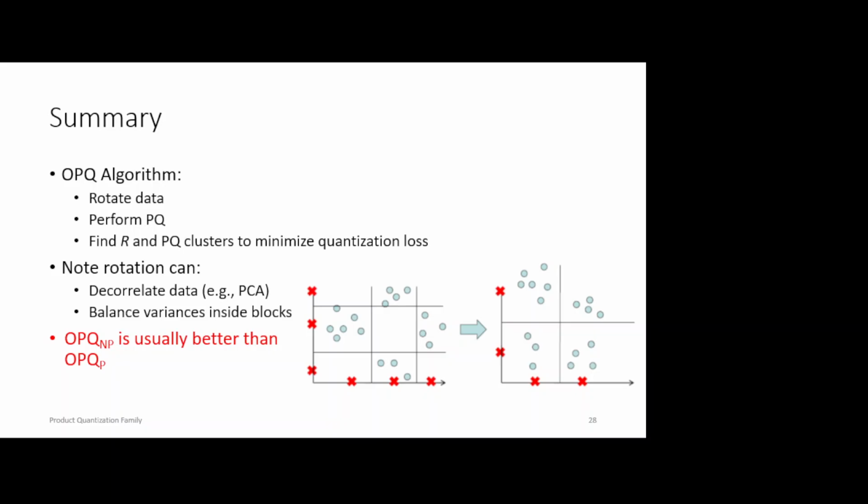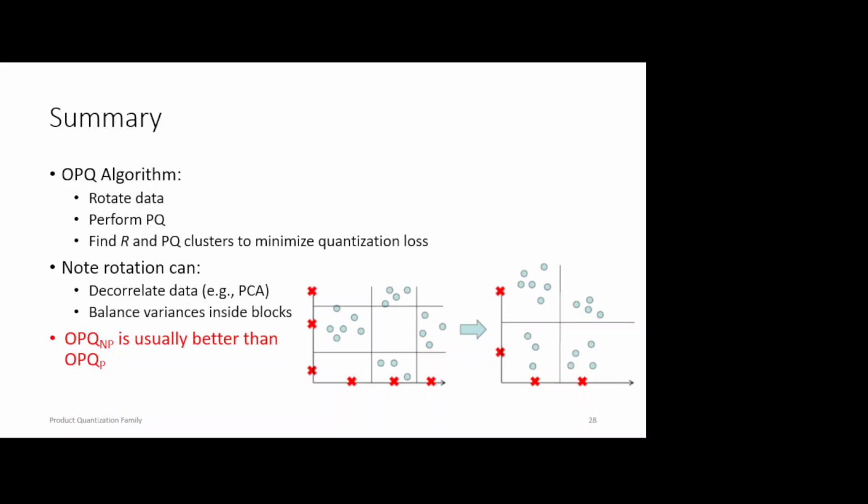This is because the data distribution does not always follow the Gaussian, so this assumption does not always work. But if you already know the data indeed follows the Gaussian distribution, then maybe OPQ with the parametric approach will perform better. But they already showed that the non-parametric one is better.